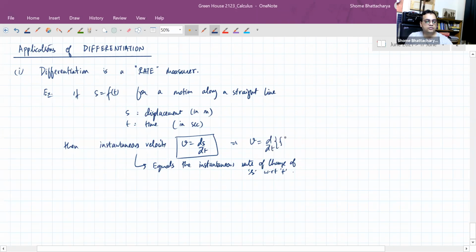We'll operate using all the knowledge we have of differentiation, and we'll get v is f prime t, and this v will be in meters per second, because s was in meters and t was in seconds.